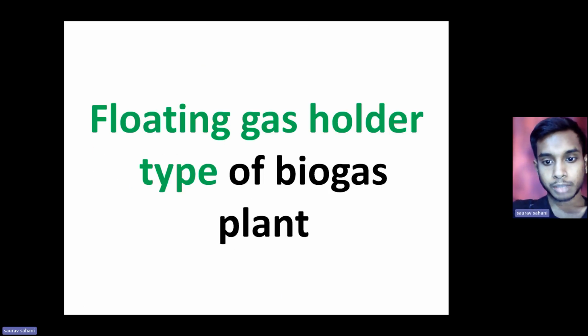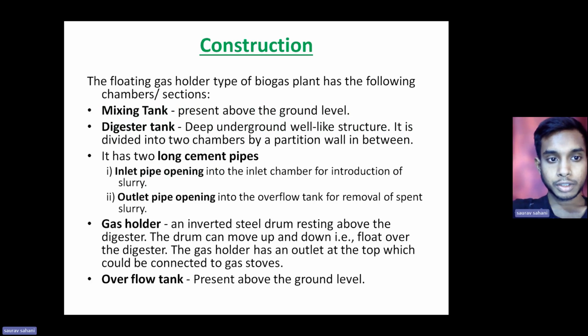Floating gas holder type of biogas plant. The floating gas holder type of biogas plant has the following chamber sections: the mixing tank, digester tank, inlet and outlet cement pipes, gas holder, and overflow tank.